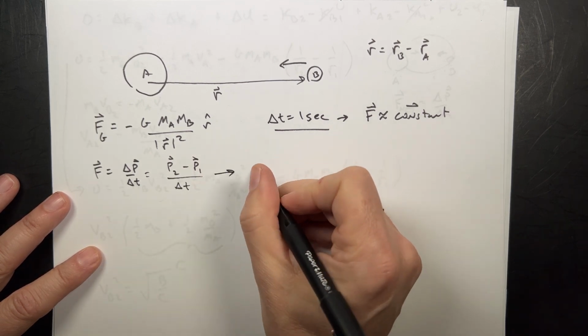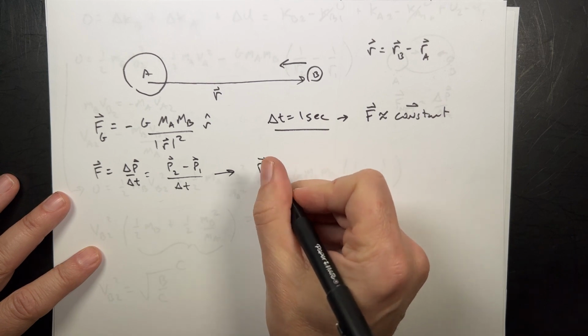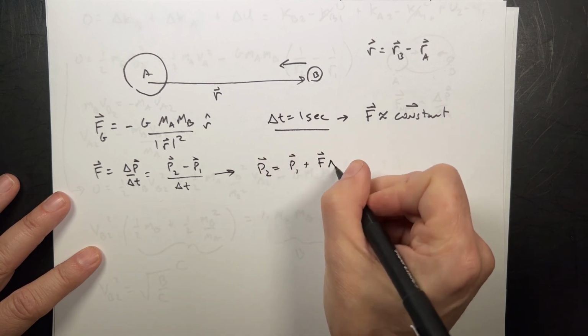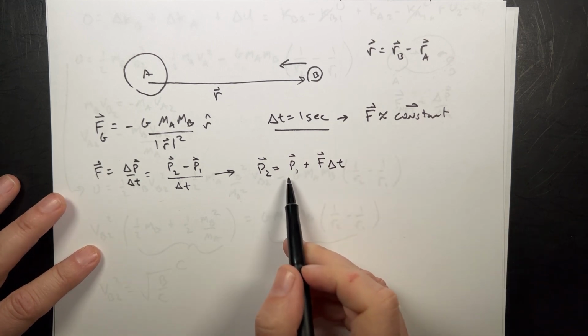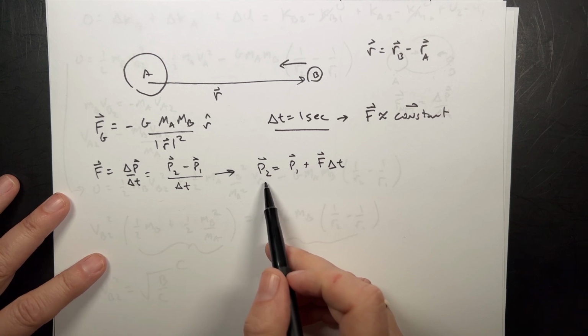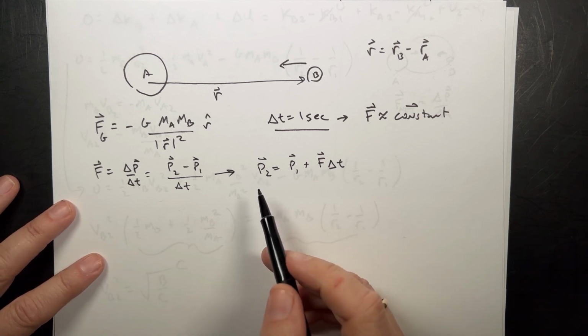And so I solve that for P2. I get P2 equals P1 plus F delta t. So this says if I know the momentum at the beginning of the time interval, I can find the momentum at the end of the time interval. And then I can do the same thing with the position.